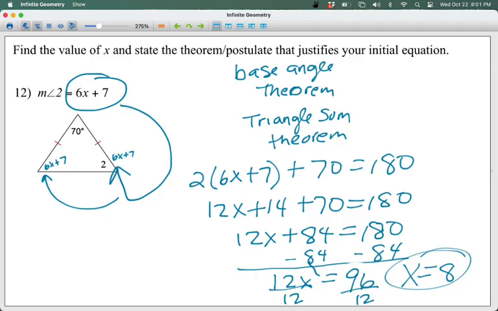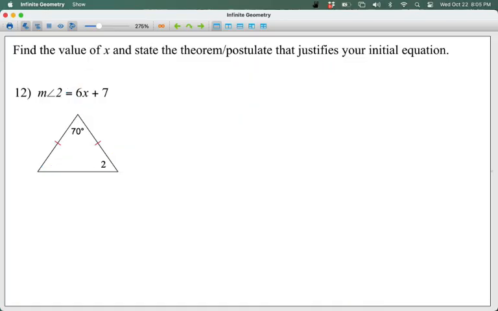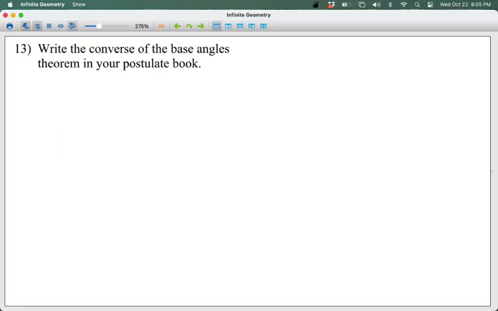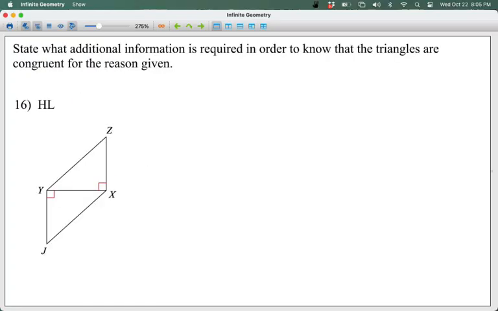And the next one is going to be number 16. All right, now, this one says that we need to state the additional information that's required in order to know that the triangles are congruent for the reason hypotenuse leg. So remember, we had to have 3 things for hypotenuse leg.